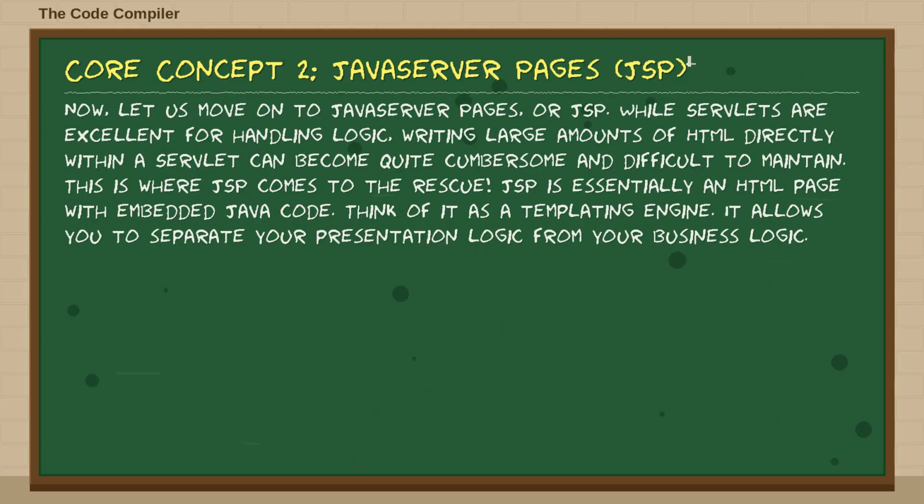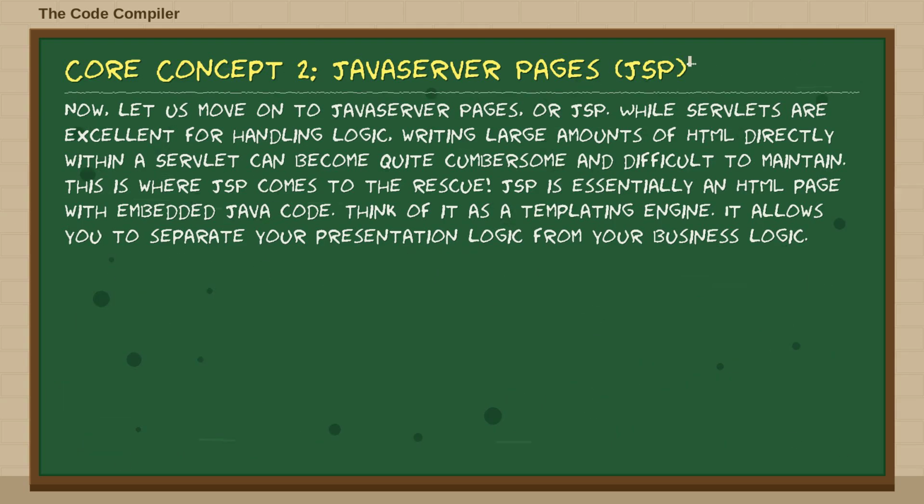When a web server receives a request for a JSP file, the JSP is first compiled into a servlet behind the scenes. This servlet then executes the Java code and generates an HTML response, which is sent back to the browser.